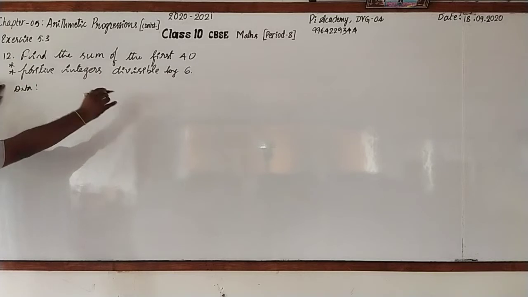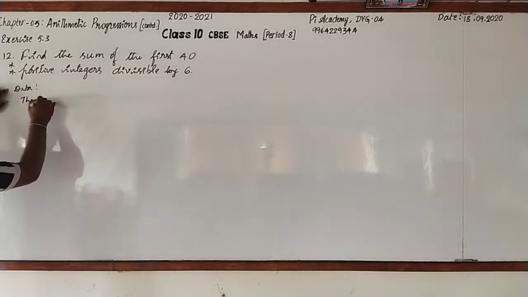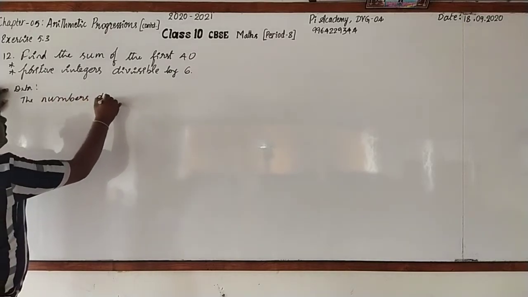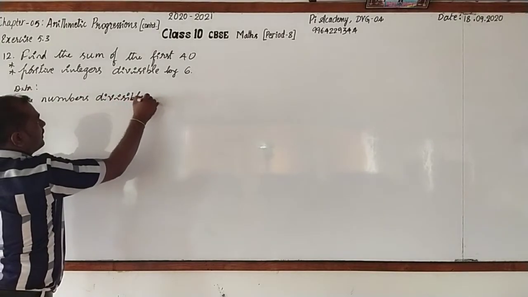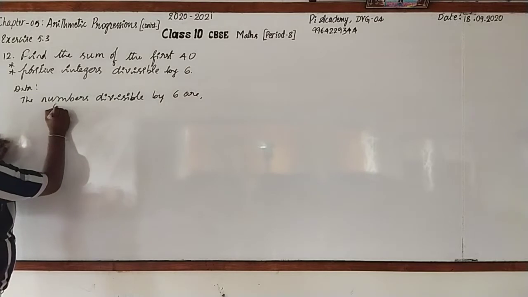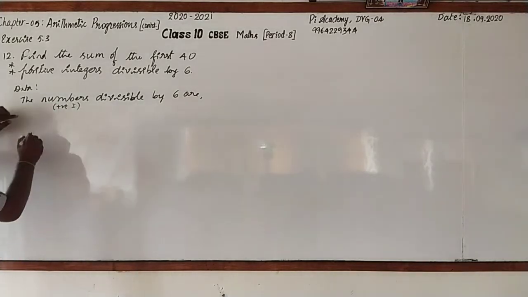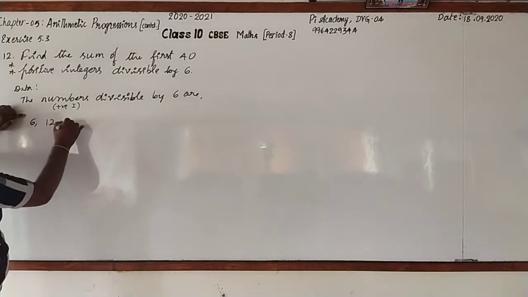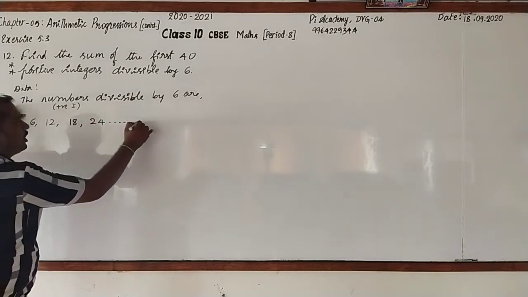Data. The numbers, positive integers divisible by 6 are 6, 12, then 18, 24 and so on.